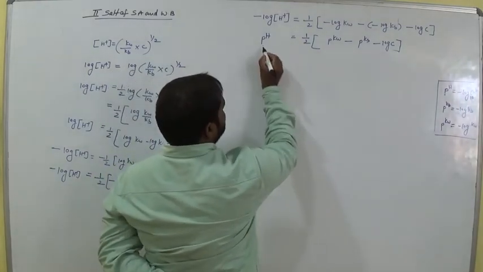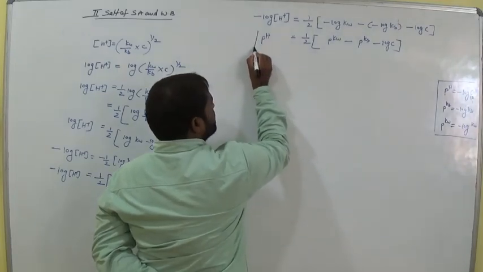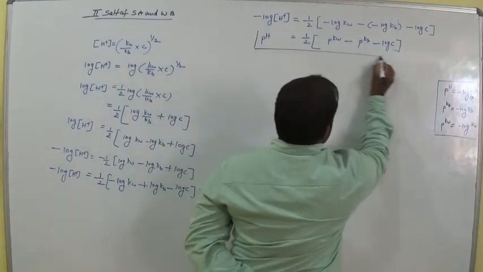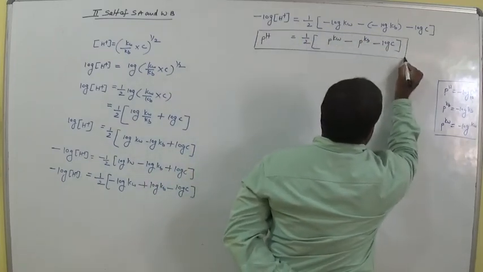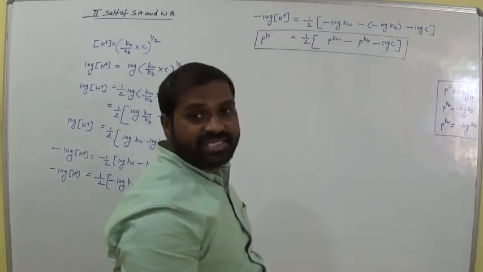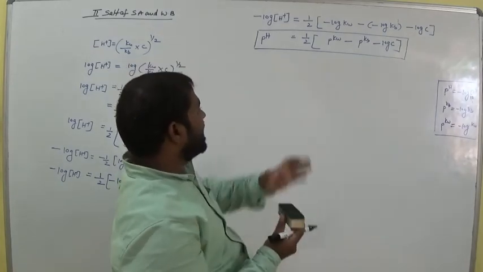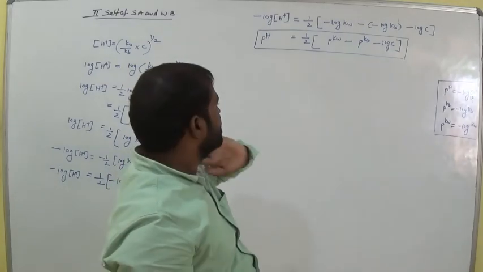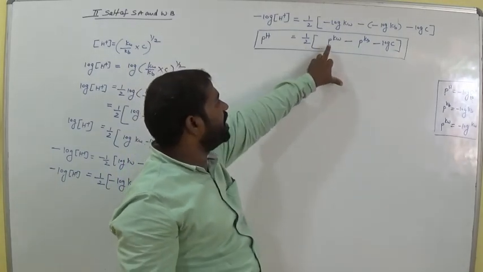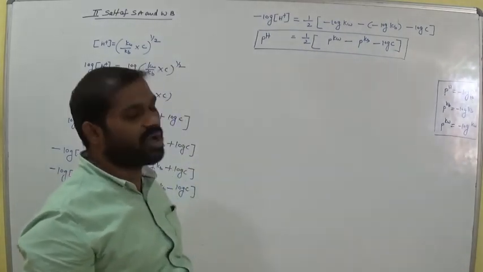So this expression is the pH expression for a salt of strong acid and weak base. This is the expression for the pH value for strong acid and weak base, that is pH equals pKw minus pKb minus log C, all divided by 2.